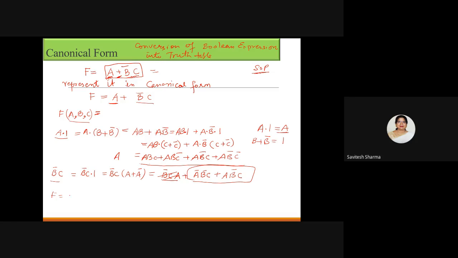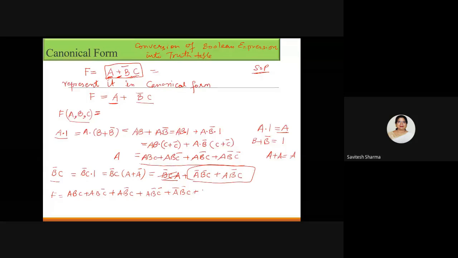Now I will write my final expression. So the final expression for A, I will write A B C. I will join both terms, expanded form. If any term is the same, you know that A plus A is always A. So if any term is repeated here, you will discard one.